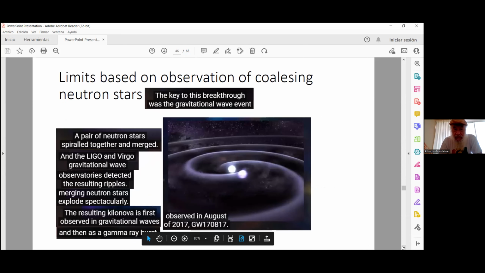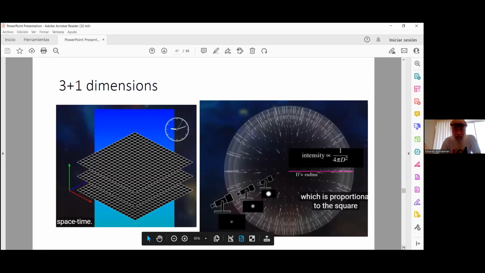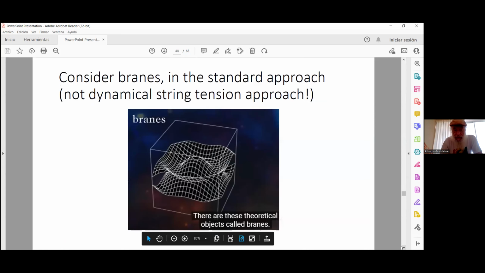That would be predicted by, for example, Randall-Sundrum 2, right? Which is one brane, right? And the gravity can propagate to the bulk, right? This is an experiment of two neutron stars merging. You see, if you are in flat space, you have 1 over r squared, 1 over d squared intensity decaying, right? If you have the traditional brane world scenario, you put the brane here, right?